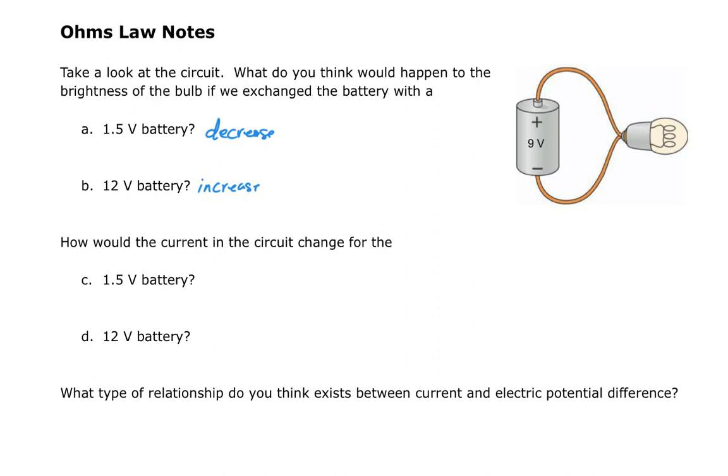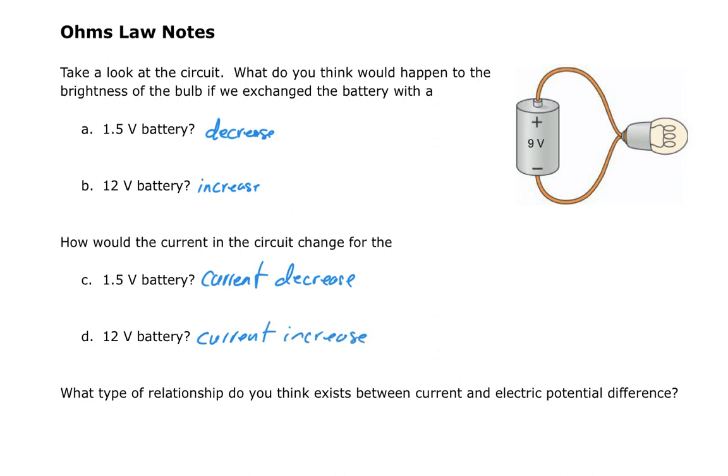We saw this in our light bulb lab: if we change out this battery, we're going to get a different current. If we have a 1.5 volt battery, the current decreases. And if we put in a 12 volt battery, the current is going to increase.